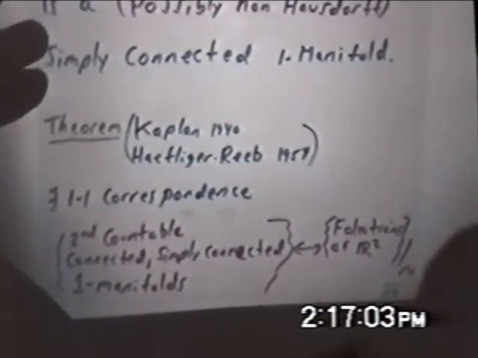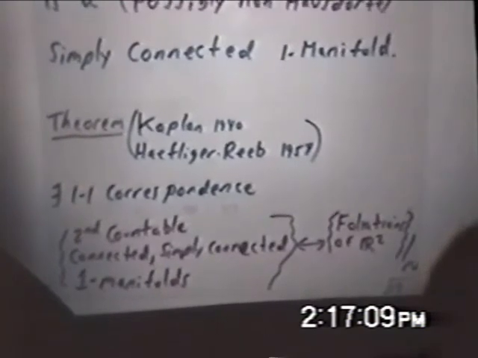Now, there's a remarkable theorem about simply connected 1-manifolds, which is due to Kaplan and, in maybe a different language, due to Haefliger-Reeb. It's in the Haefliger-Reeb language, which is that there's a one-to-one correspondence between simply connected 1-manifolds and foliations of the plane.